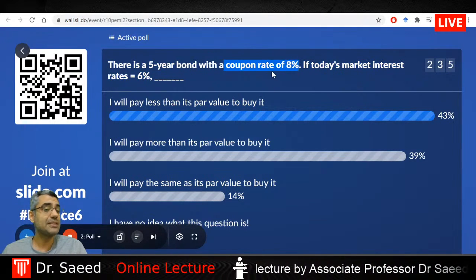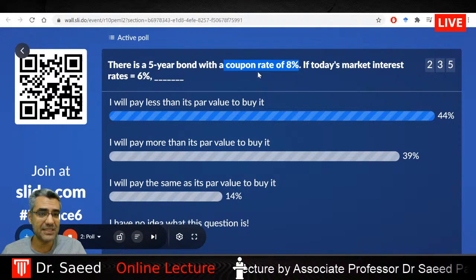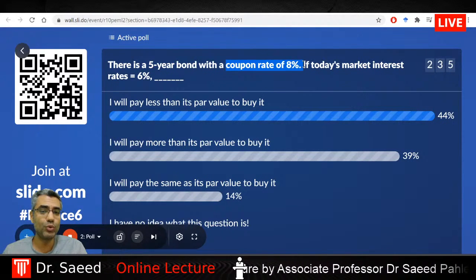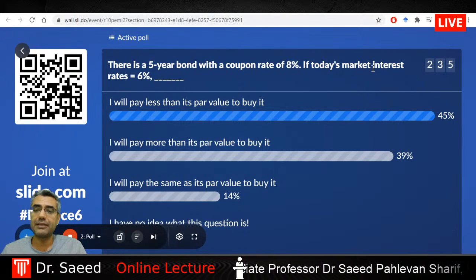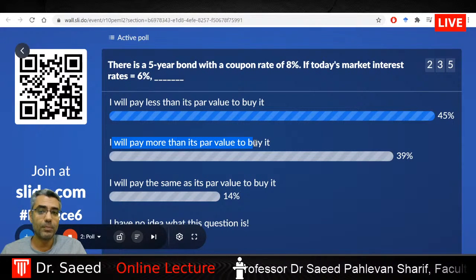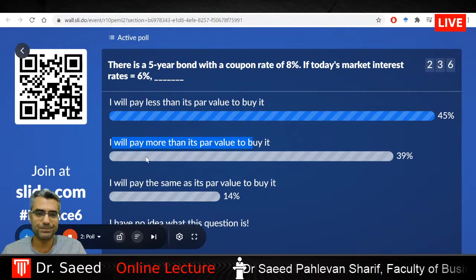So this means this is a very good instrument. This is a good investment. This bond is paying you more than the market interest rate. This means it's better to buy this bond rather than putting your money in a bank account. This means you will pay more for this bond, right?